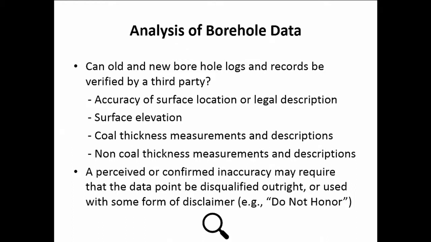You should look for data points that say do not honor, or DNH, that shows you that the geologist was skeptical and used good common sense in using some data but rejecting other data. That shows you that they did a full interpretation of the data and just didn't throw everything in Carlson software and spit it out.